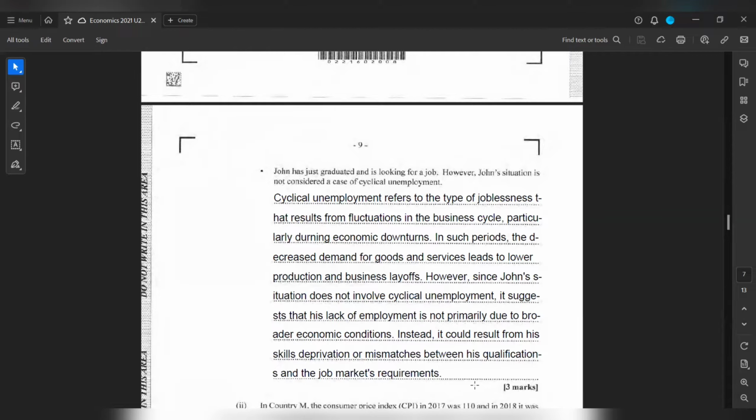Since John's situation does not involve cyclical unemployment, it suggests that his lack of employment is not primarily due to broader economic conditions. Instead, it could result from skills deficiency, a mismatch between his qualifications and the job market's requirements.